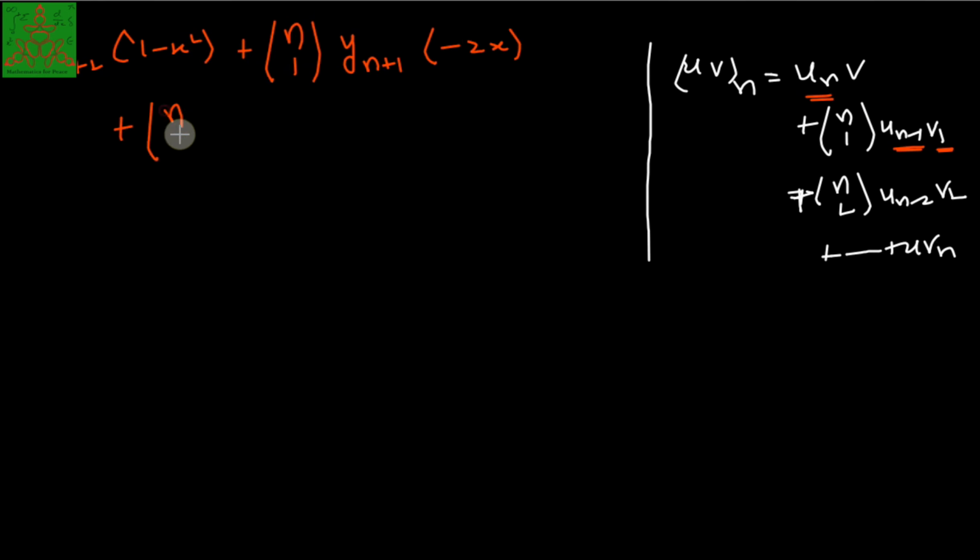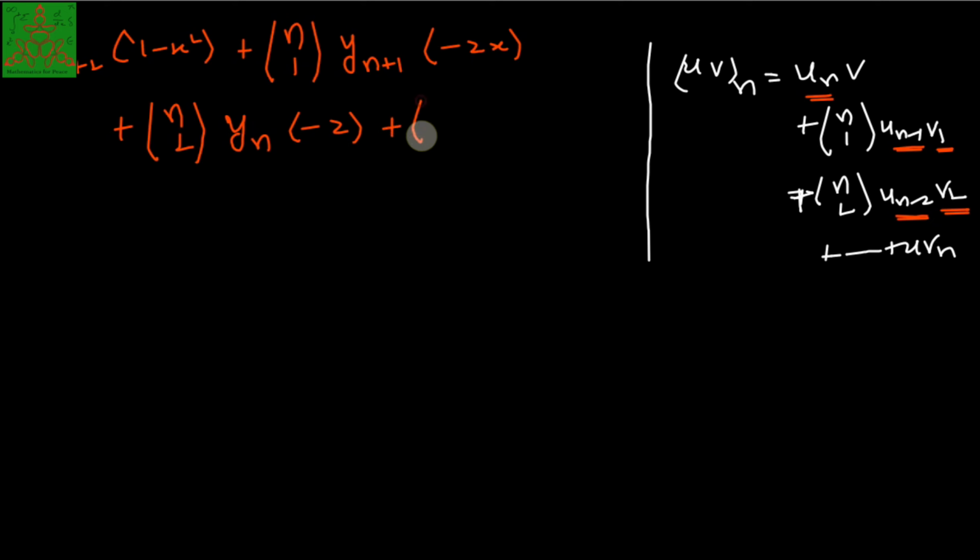Plus nC2. The next term is one less derivative than this, which is yn. In this term it is v2, the second derivative of v, or I can say the derivative of v1, which is minus 2.